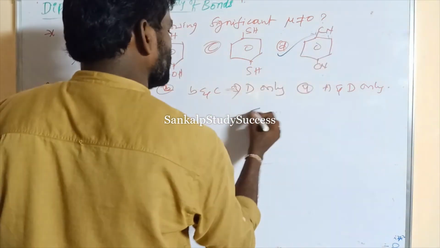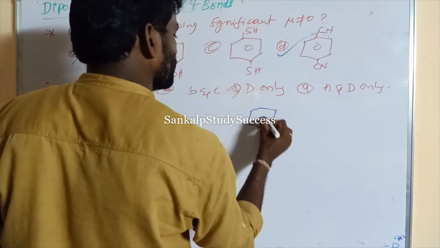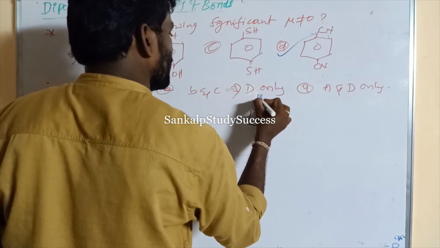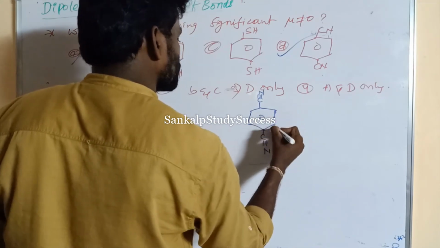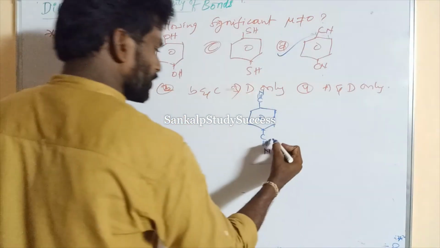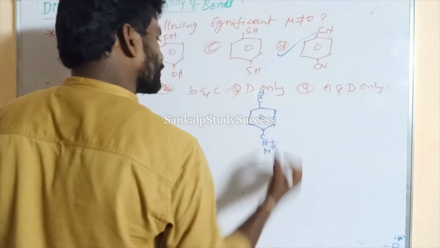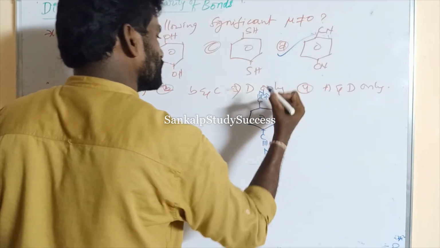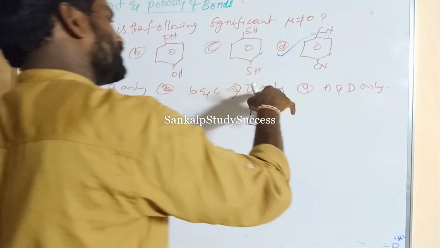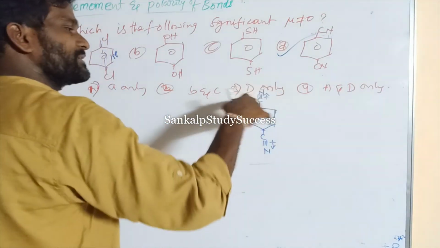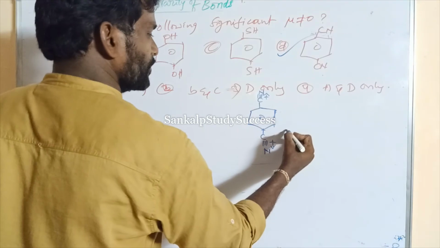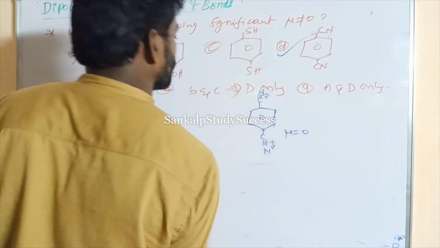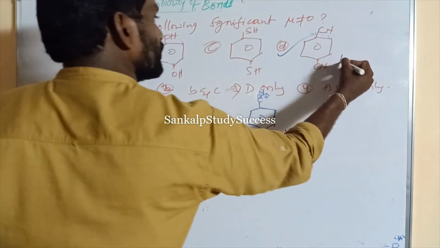Why? This can be written C triple bond N, and it can be written C triple bond N. Here the crossed arrow is shifted towards the high electronegative atom side. Both have the same dipole moment, but these two are present in opposite directions, so the net dipole moment cancels out. So it is 0, mu is equal to 0.